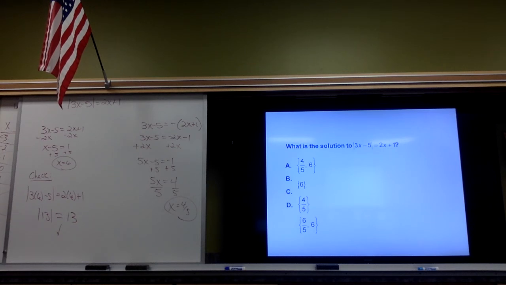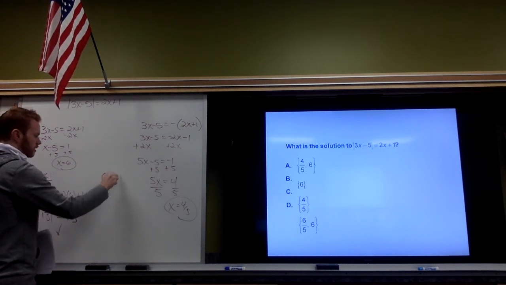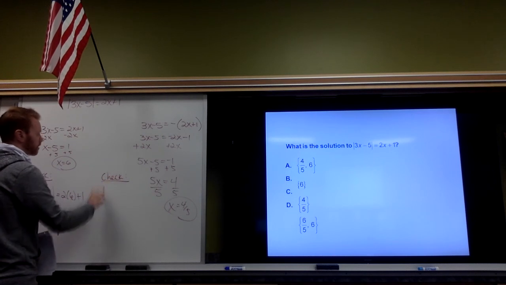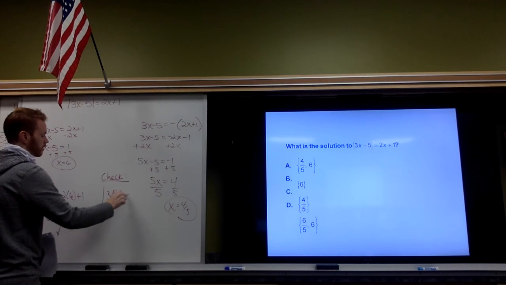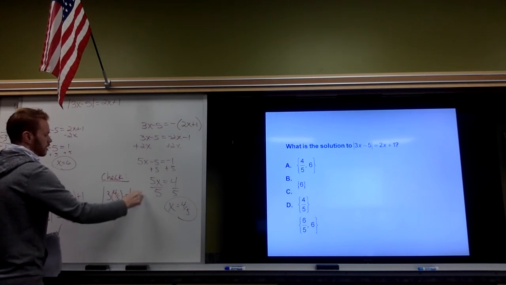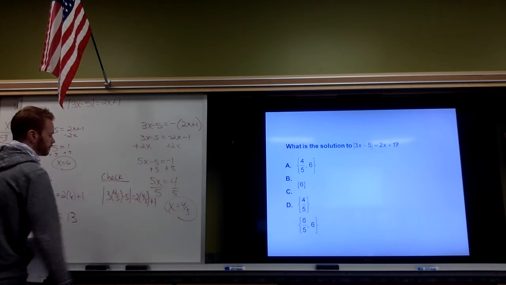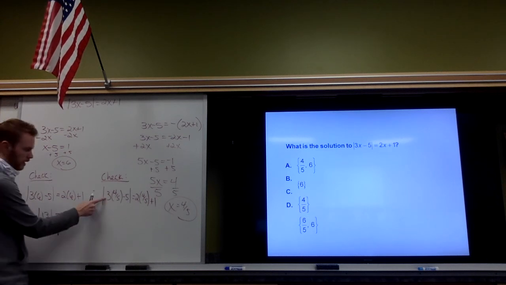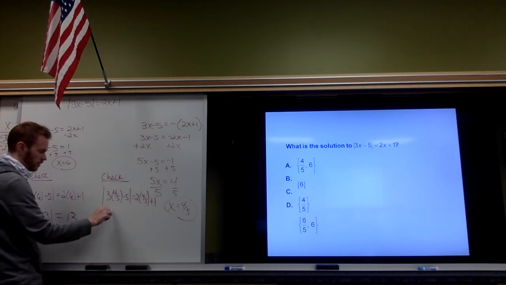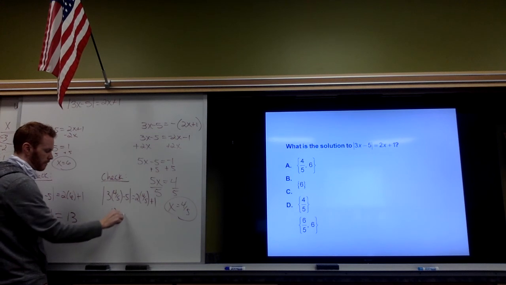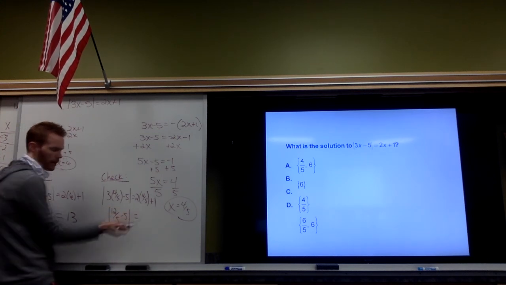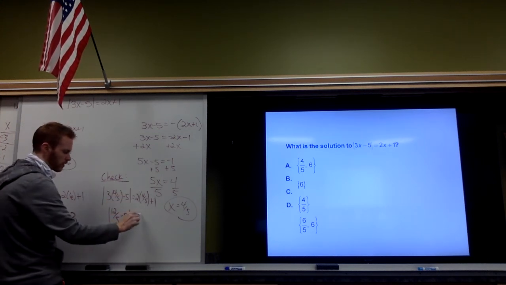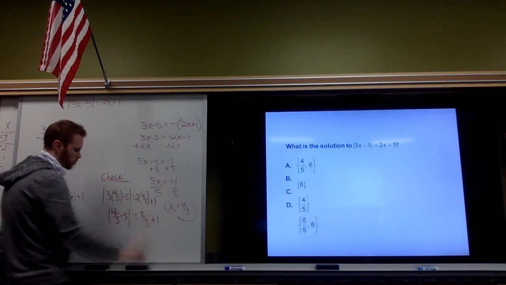Let's check the other guy. Okay, so let's see how this goes. 3 times 4 is 12. So this would be 12 over 5 minus 5. I'll just simplify that part first. 2 times 4 is 8, so that's 8 over 5 plus 1.